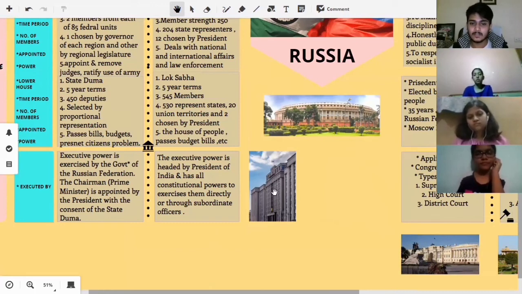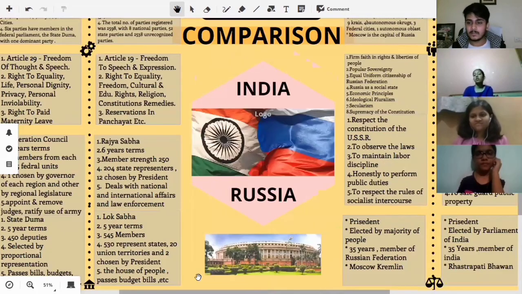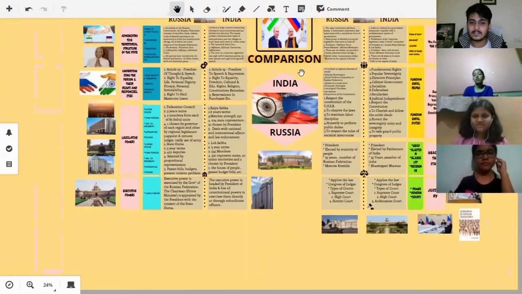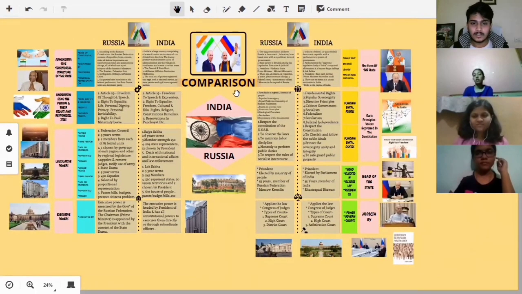And as you can see, this is our parliament. So I hope we made you better understand this comparison of the constitutions of India and Russia, which are really friendly countries. Thank you for listening.